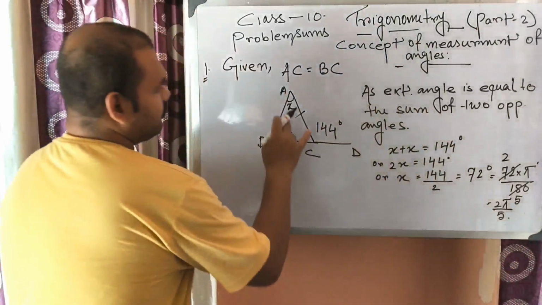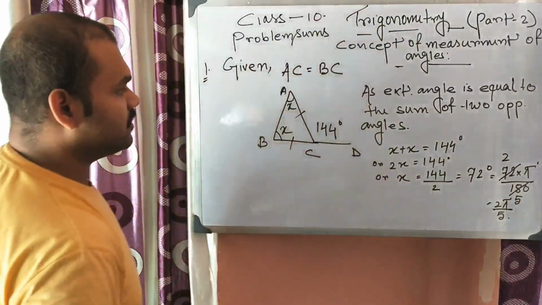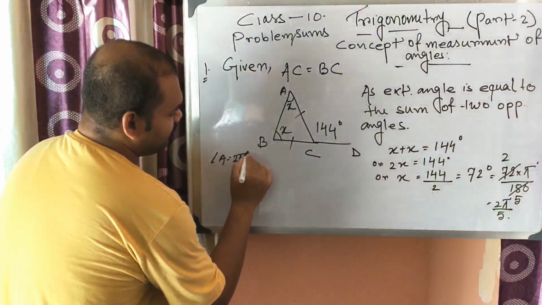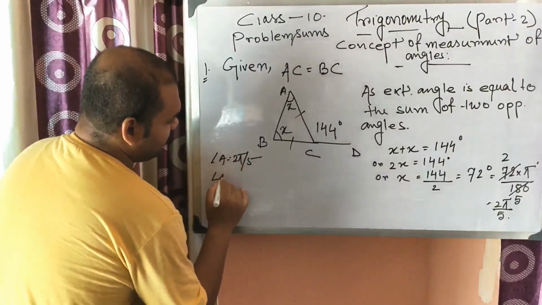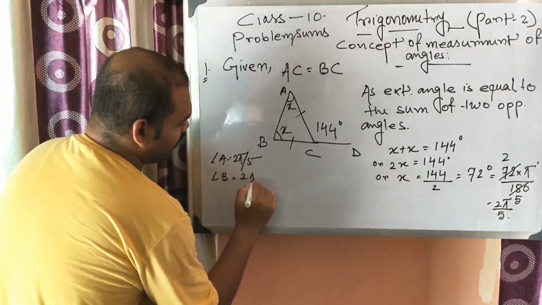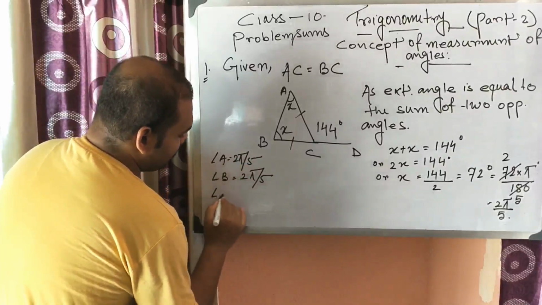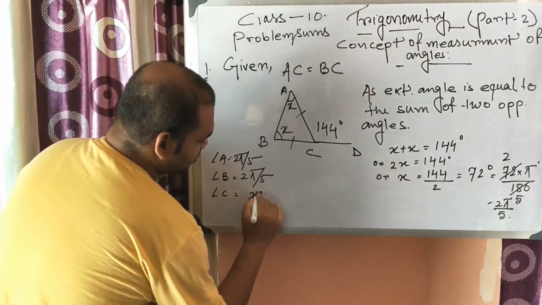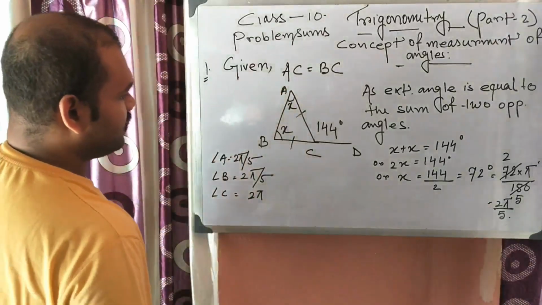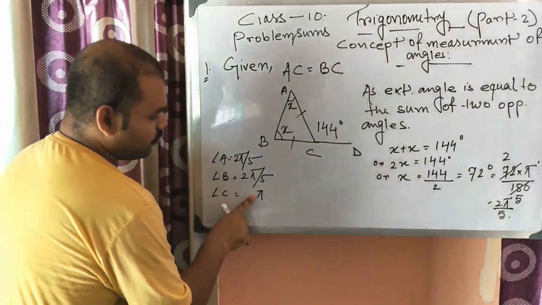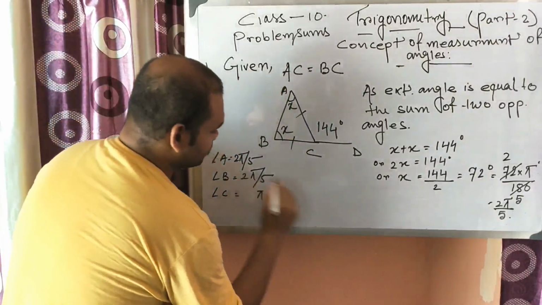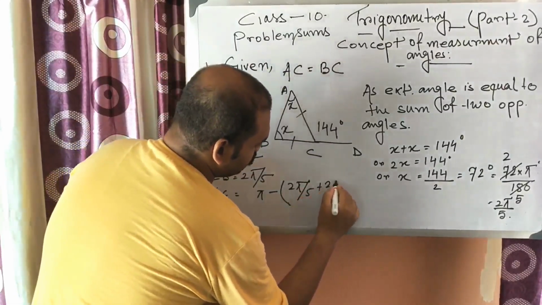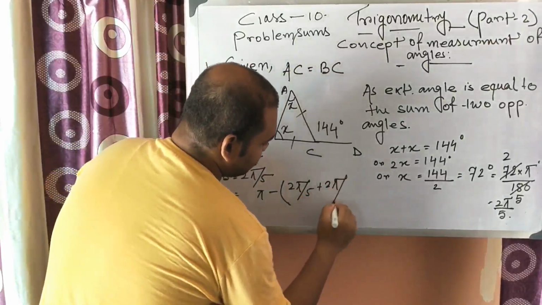So the value of this is also 2 pi by 5. So angle A is equal to 2 pi by 5, angle B is equal to 2 pi by 5, so angle C is equal to the total angle, pi, minus the sum of these angles, that is 2 pi by 5 plus 2 pi by 5.